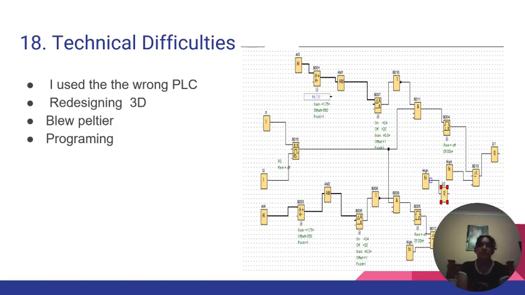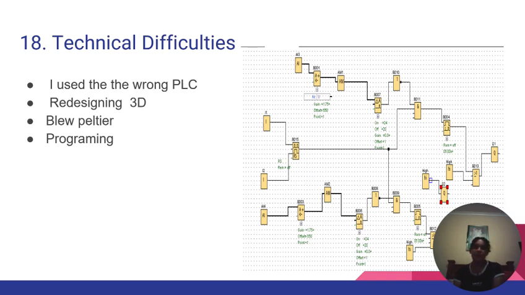Technical difficulties. Okay, this one was fun. I used the wrong PLC, because I didn't check the voltage. The first one that I used was a 24 volt PLC, and the Peltier itself can only take 12 volts.